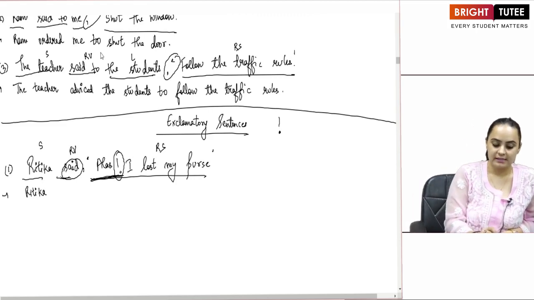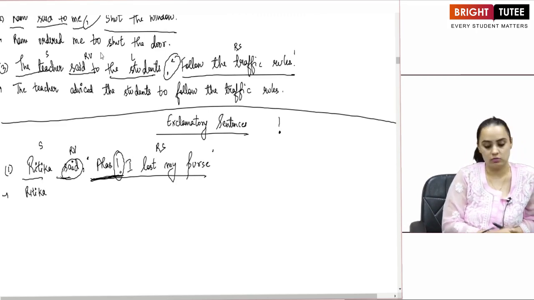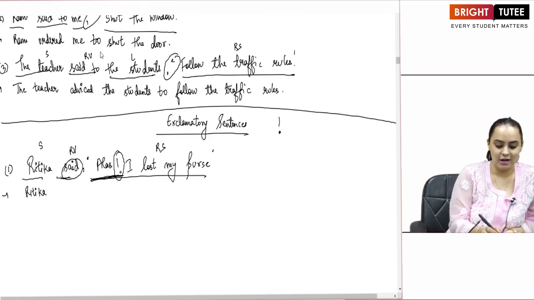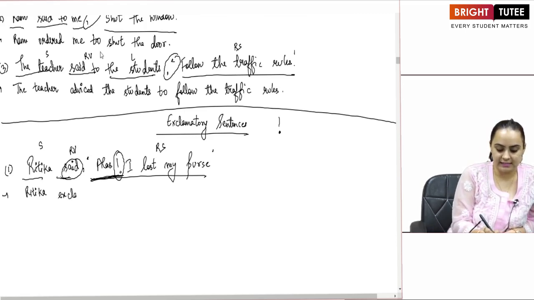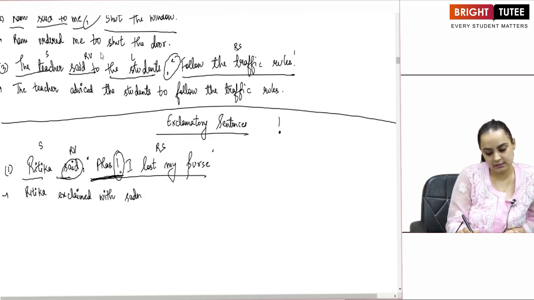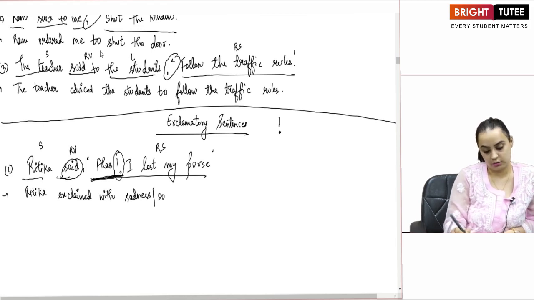So, said will change to, now here, alas, I lost my purse. What can you make out about the mood of the sentence? I lost my purse, so I would be very sad. So, Ritika exclaimed with sadness or sorrow.